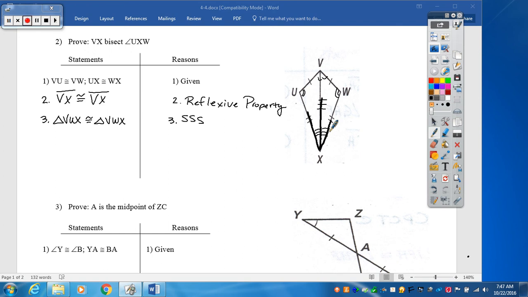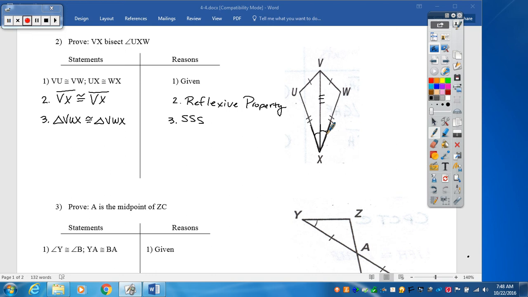Well, one of those three things is going to help me prove that VX bisects angle UXW, okay? So which one of those three angles is going to help me prove that this segment right here is going to bisect this angle right here? I hope you're thinking to yourself that that angle has to be congruent to that angle, okay?